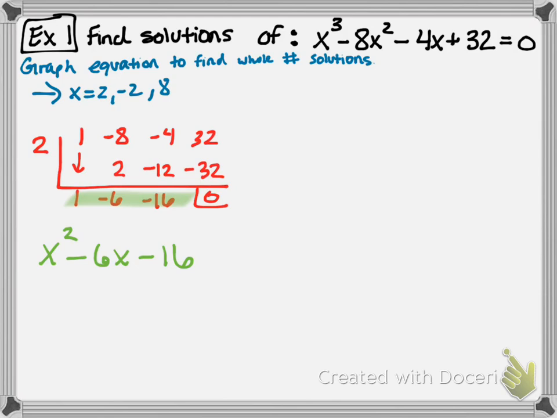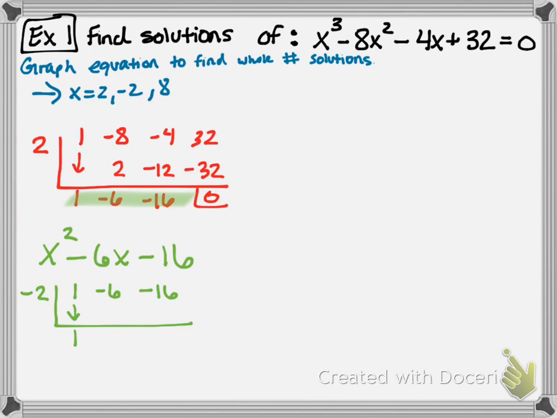So if I'm going to prove negative 2 is a solution, then I'm going to do synthetic division with negative 2 now. But I'm going to use this green polynomial. So 1, negative 6, negative 16. We bring down our 1.